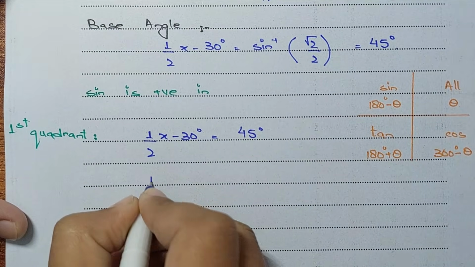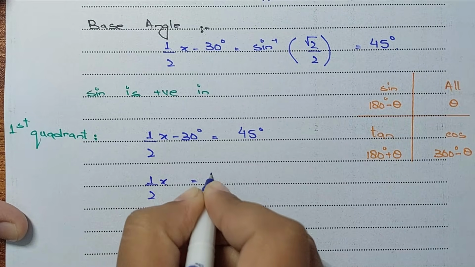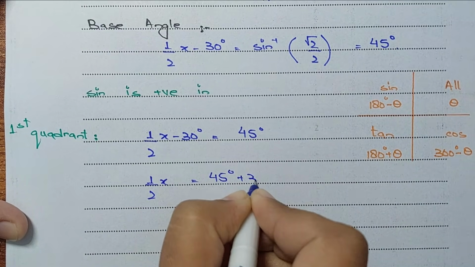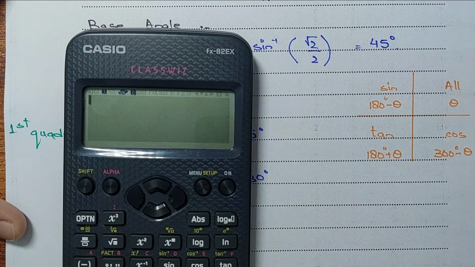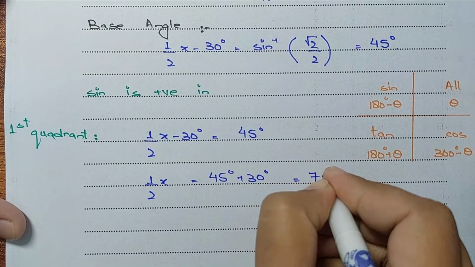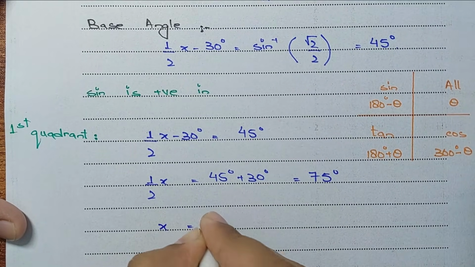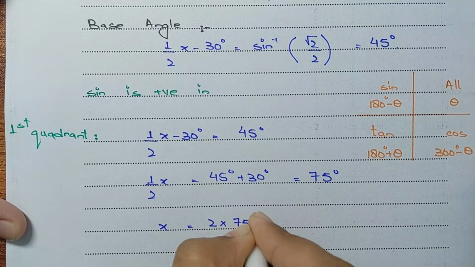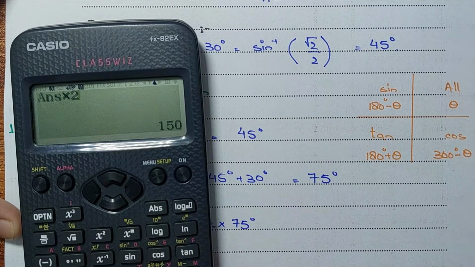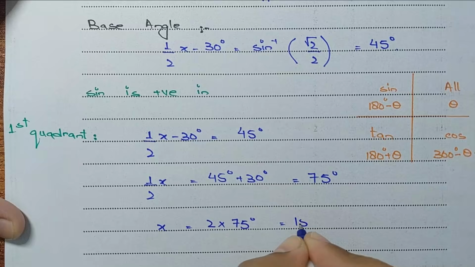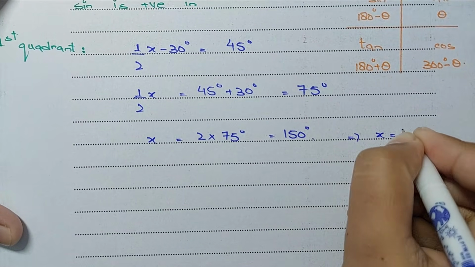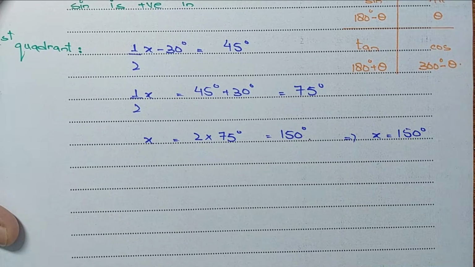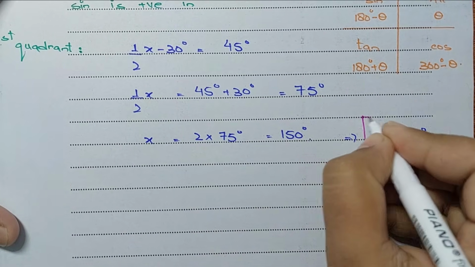Let me simplify. So half x equals 45 degrees plus 30 degrees, which is 75 degrees. So what is x? We have 2 times 75 degrees, cross multiplied basically. Times 2 is 150 degrees. So here the x value is 150 degrees. This is your first solution, which is between 0 to 180 degrees, right?